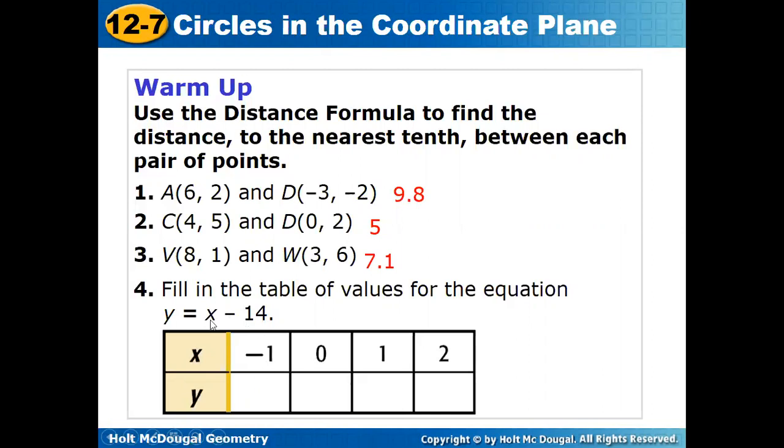If you replace x and put 0, it will be 0 minus 14, which is -14. If you replace x and put 1, it will be 1 minus 14 equals -13. And if you replace x and put 2, it will be 2 minus 14, which is -12.